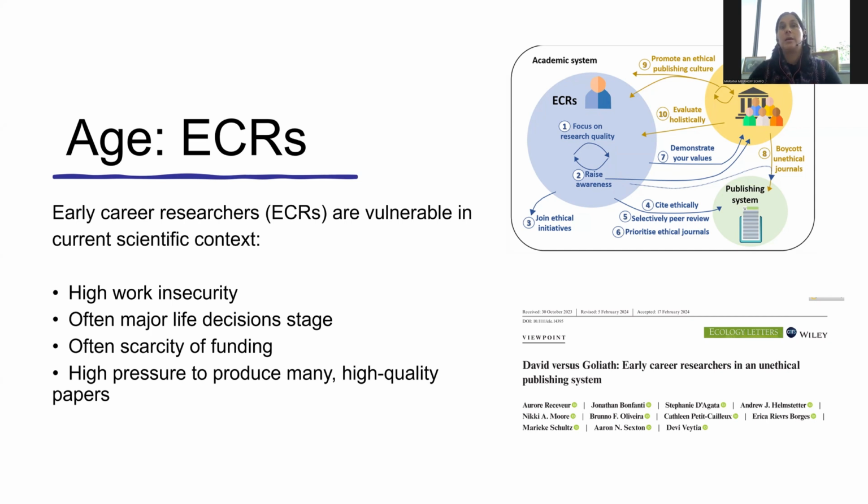For example, where to live, which country or region to settle in, to have proper income, to build your own family, and so on. And often the funding available for ECR researchers is lower than the funds for more consolidated or senior researchers. And at the same time, while all this is happening, there is a high pressure to produce many and often high quality papers. So overall, this group is very vulnerable.